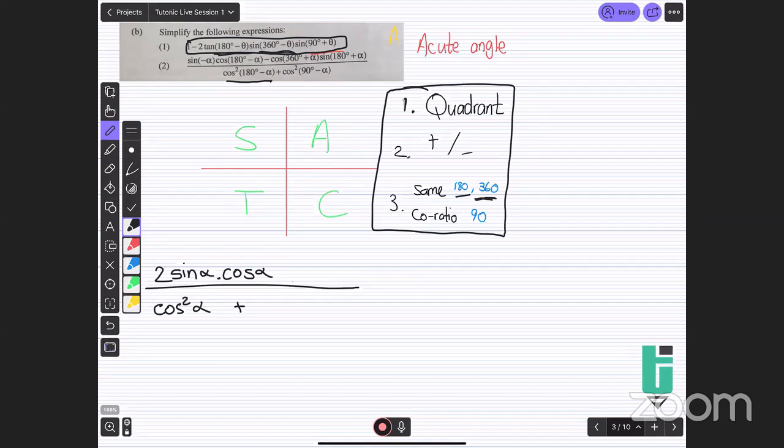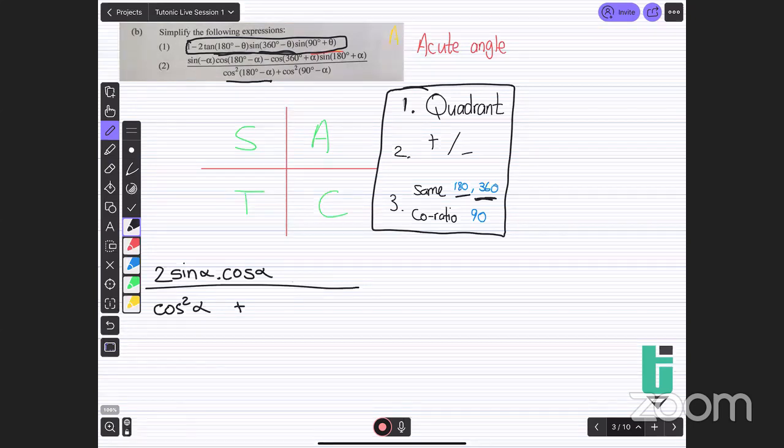Okay, so Hamza, do you want to try cos squared of 90 minus alpha? Okay, Nafisa, you want to try cos squared of 90 minus alpha? It's in the first quadrant, so it will be positive.